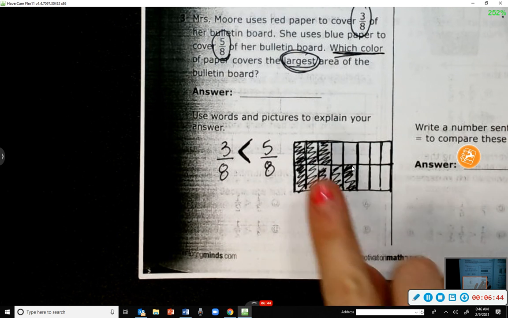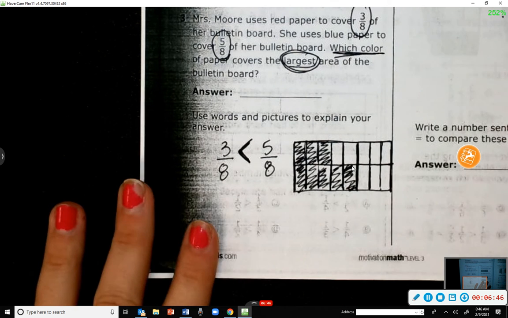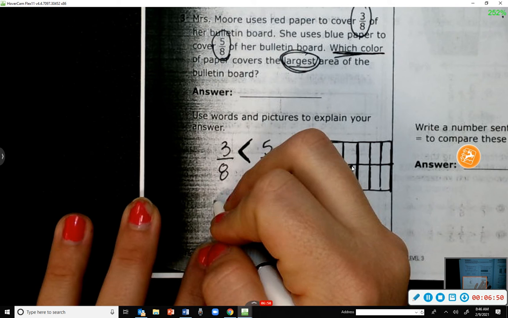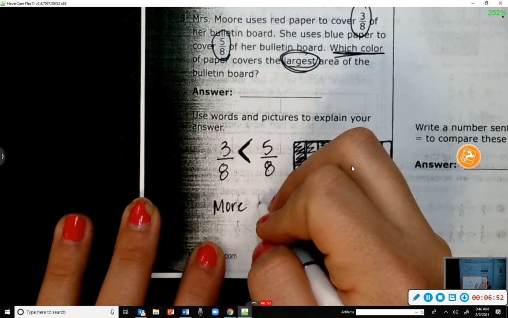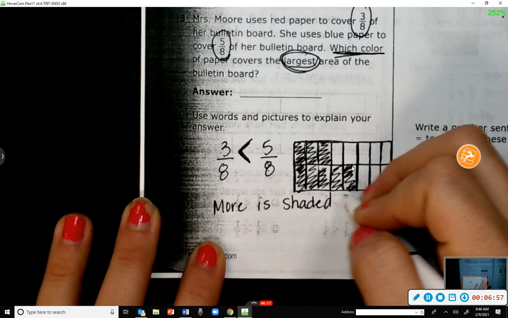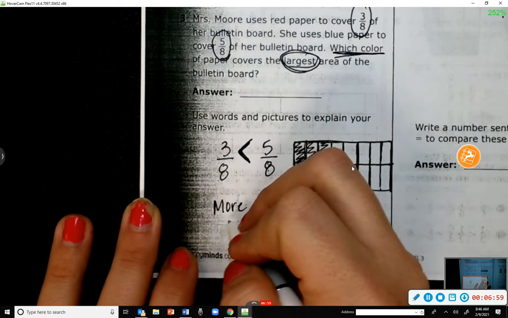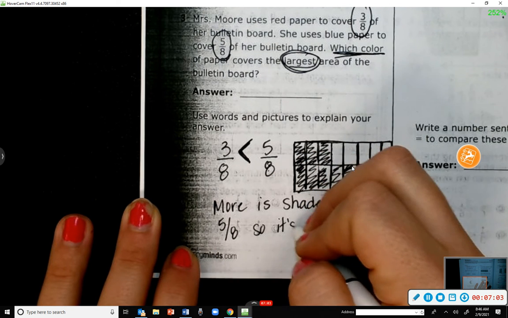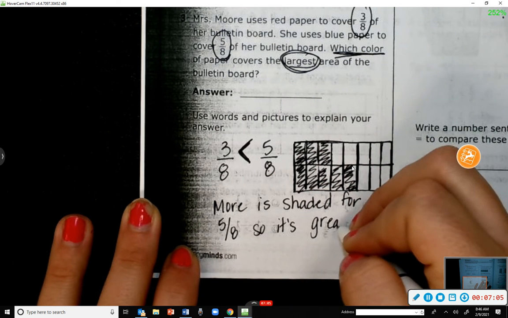But it also says to use words. More is shaded for 5/8, so it's greater. Trying to keep it simple.